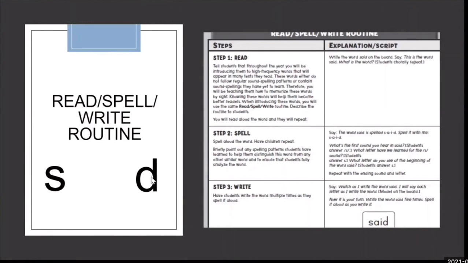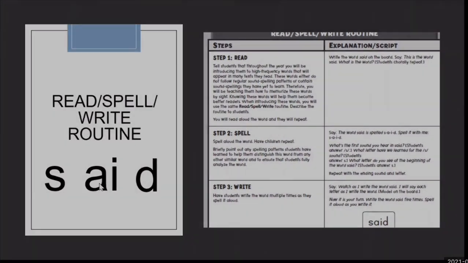And then what's the middle sound? Eh. If they have not learned it, you just tell them this E by itself makes the E sound. If it's irregular, you do the same thing. This is an irregular word, and we need to remember this. Does that help answer that question? You just tell them.